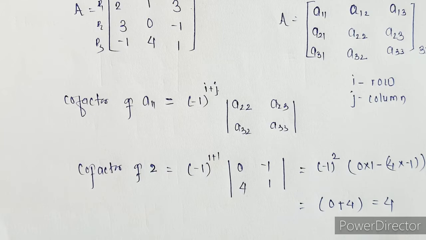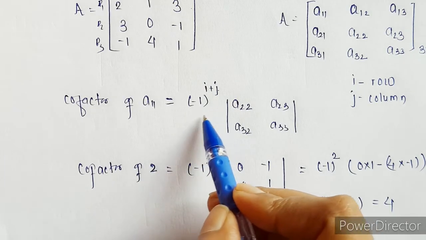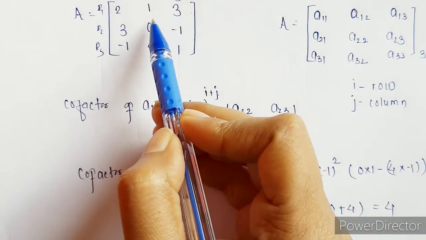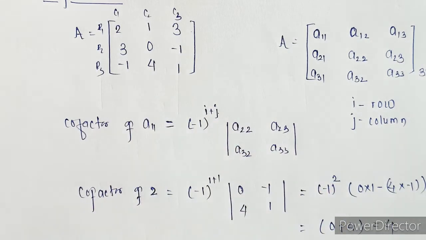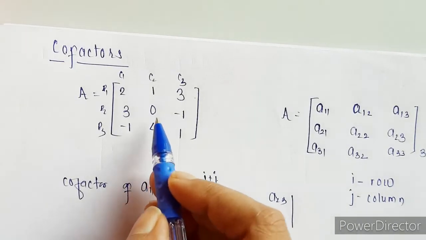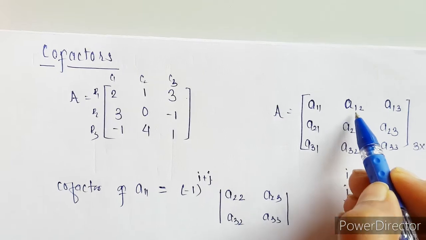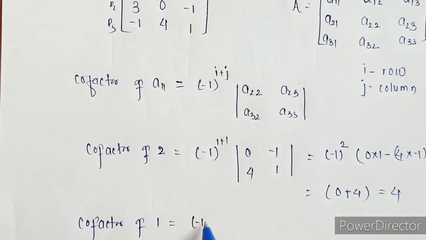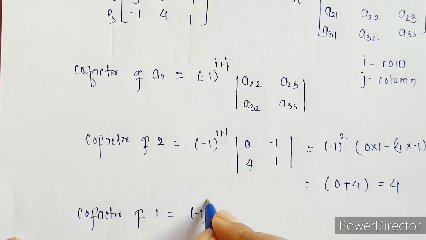It's the same as the minor, but the only additional thing is that we have to take care of this sign. Now let's find the cofactor for 1. This 1 is at the place of 1, 2, row 1 and column 2. So i is 1 and j is 2 in this case, and this will be minus 1 raised to power 1 plus 2.